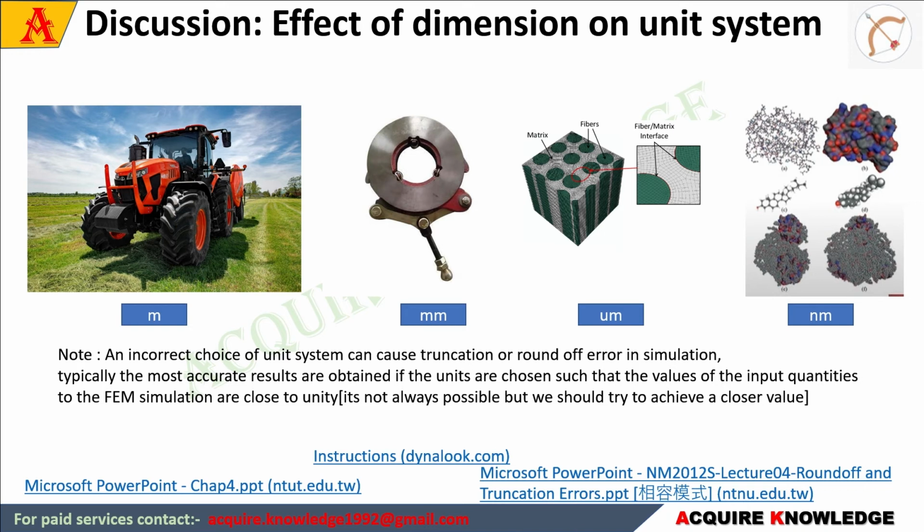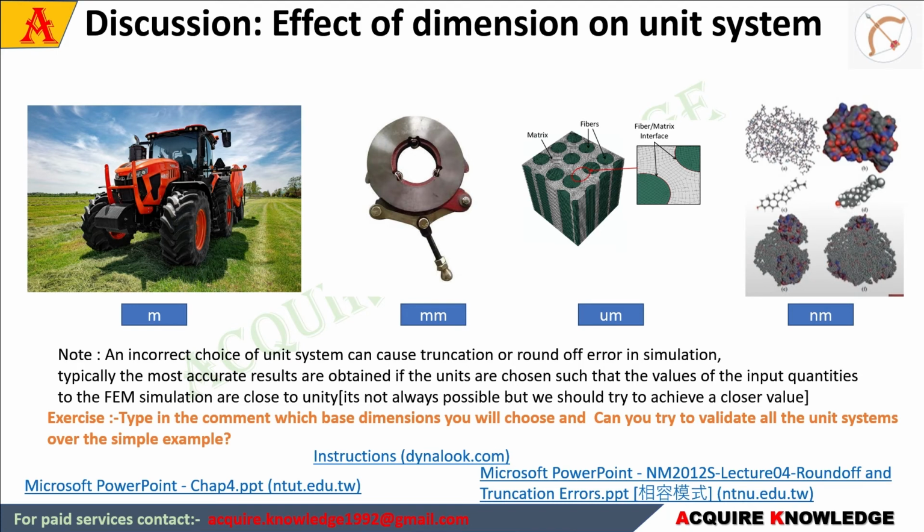I just want to highlight one more thing: these round off and truncation errors are cumulative in nature. So if you are running a simulation for a longer time, they will get accumulated, and finally it might happen that if the choice of the unit system is not correct, then your final outcome will be drastically different from what is actually expected in real scenarios.